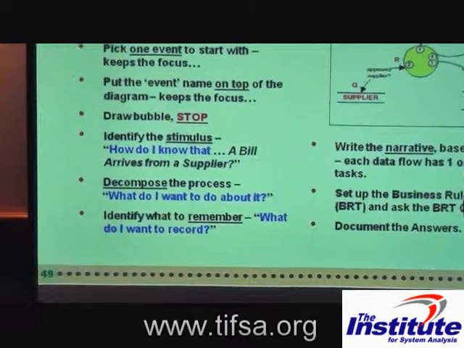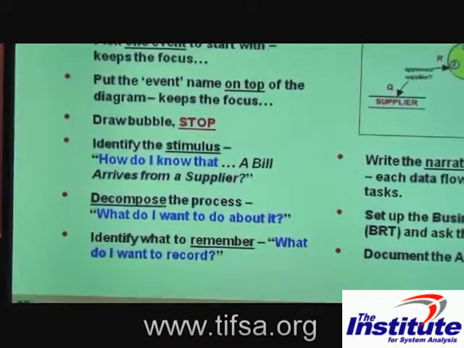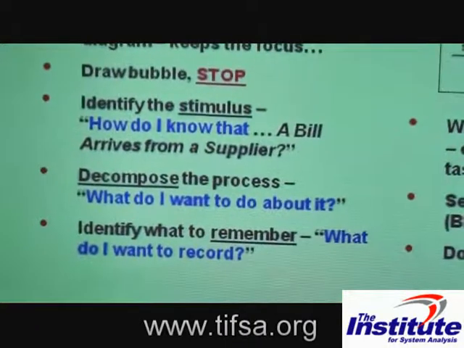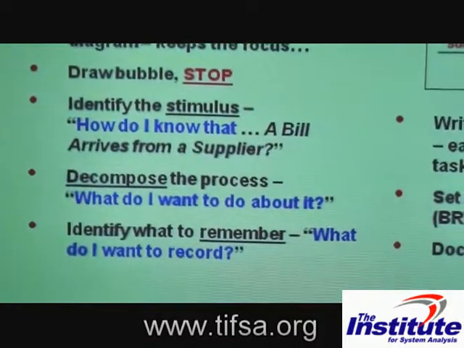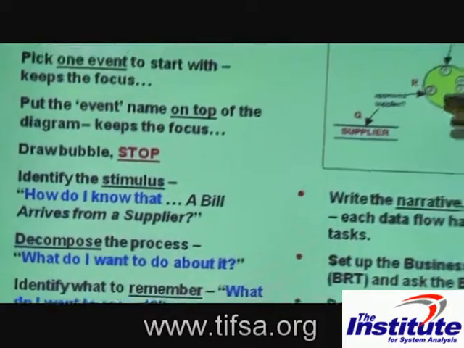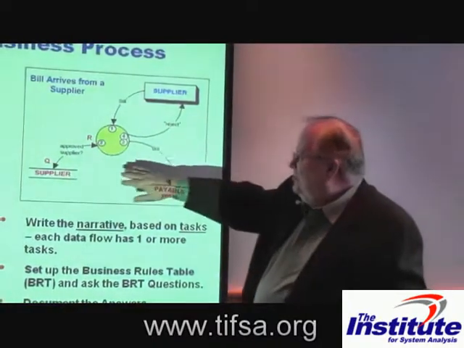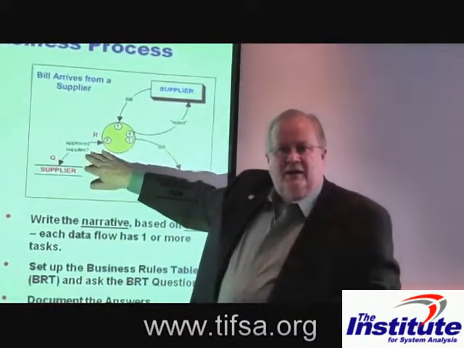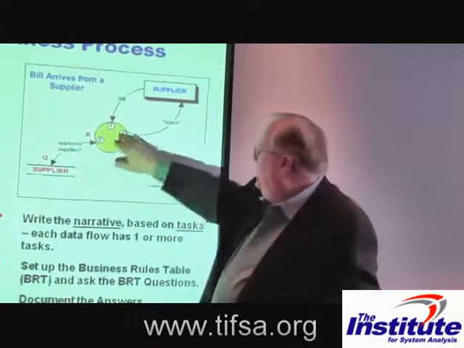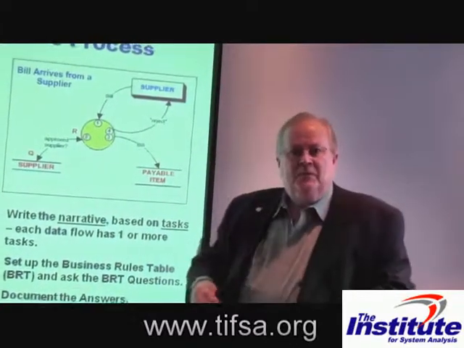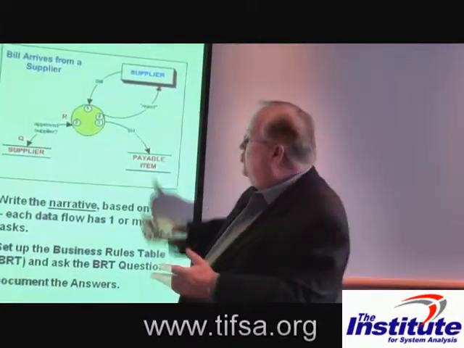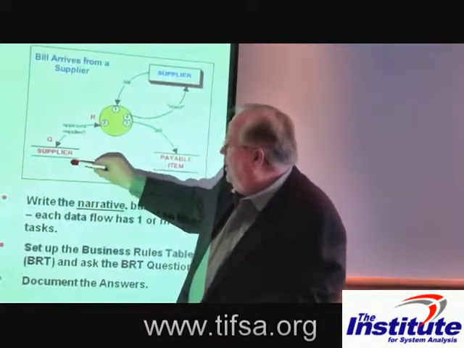You talk to your subject matter experts, and they'll say, well, you want to be able to make sure the supplier is a legitimate supplier, that the bill is for us, in other words, and we want to be able to keep track of that bill. If it's not an accredited supplier with us, then we want to reject the bill. So you can draw that there. You can put supplier as an object.